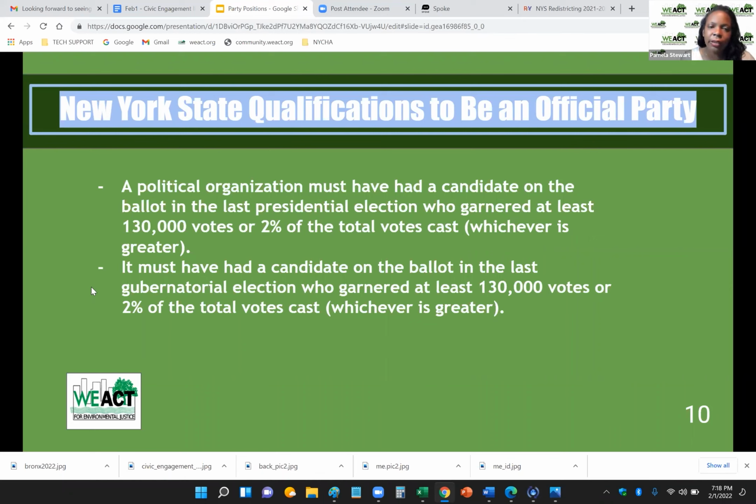It must also have had a candidate on the ballot for the last gubernatorial election who garnered at least 130,000 votes, or again, 2% of the total votes cast, whichever is greater. So those are the prerequisites in order to be an official party in New York State.